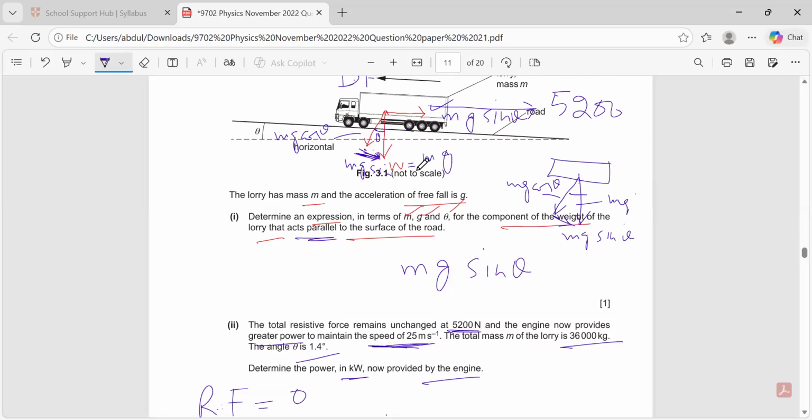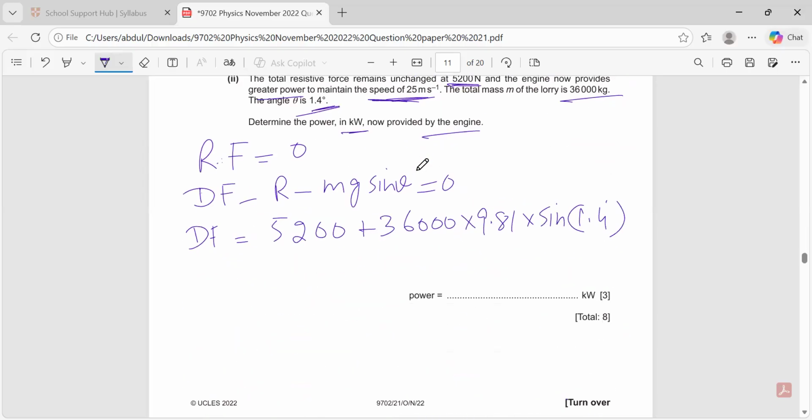It is given here, 1.4 degree theta is mentioned here. Okay. So when we simplify, this driving force comes, my dear friends, I'm not going to round it off. It comes to be 13,828 Newton.